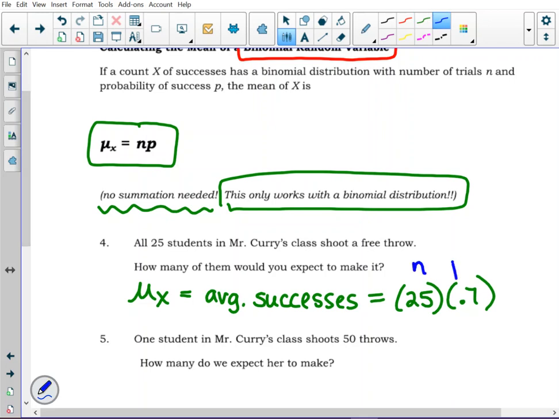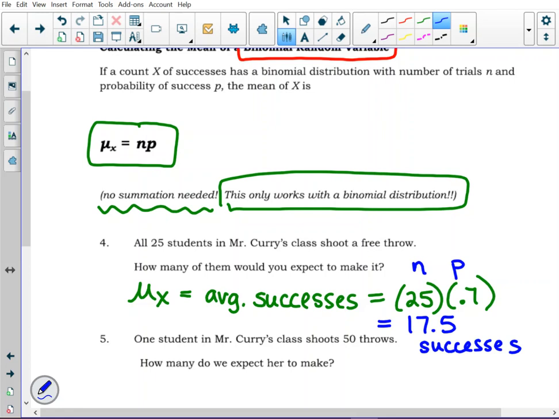The n times the p. And if you think about that, that makes a lot of sense. 25 trials, each one has about a 70% chance of making it, so I would expect about 17 and a half successes.